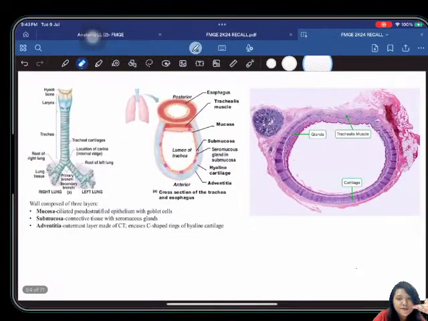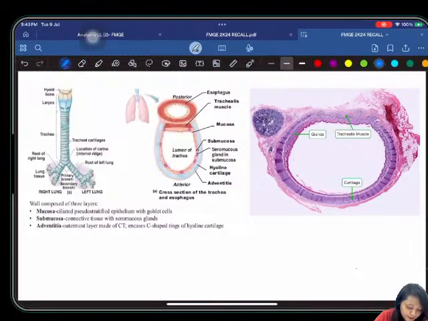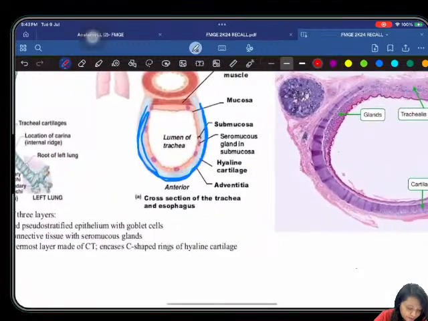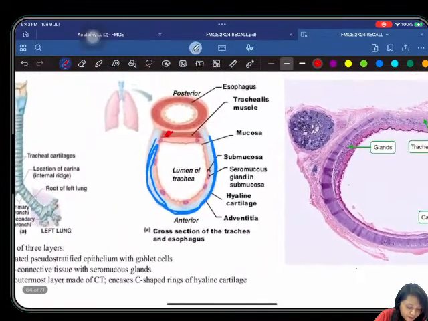So if you take a cut section of the trachea, okay, then you can also observe a C-shaped cartilaginous ring. The C-shaped cartilaginous ring made of hyaline cartilage is present anteriorly, and posteriorly you are going to have a muscle that is known as the trachealis muscle, okay.